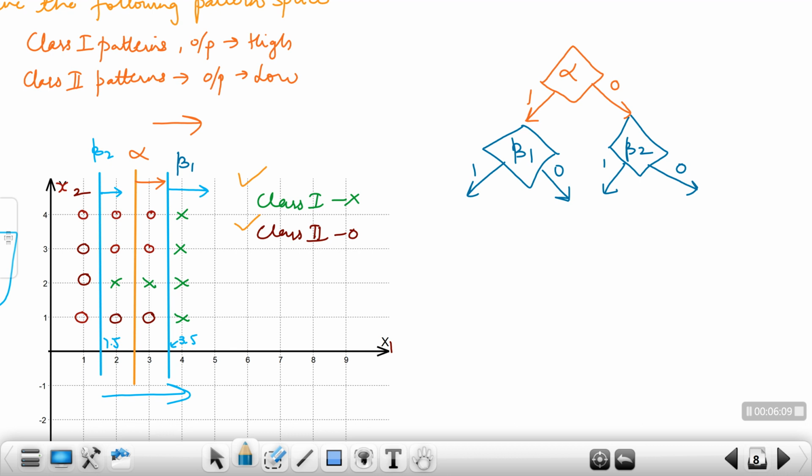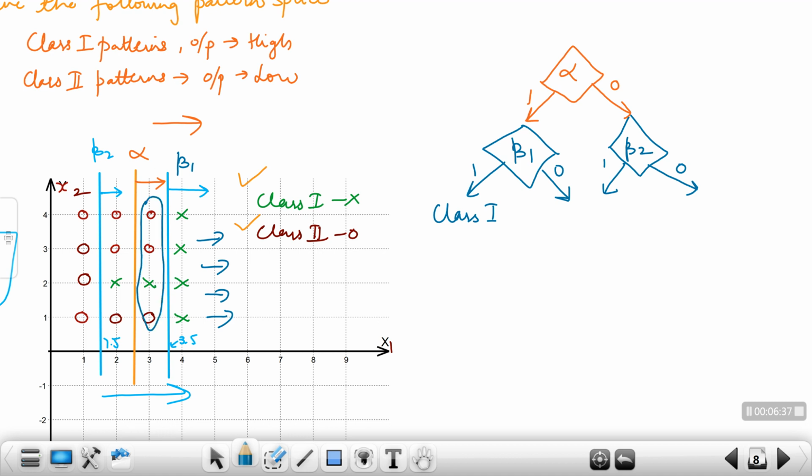Now if you see towards beta 1, whatever is on the positive side of beta 1, everything is completely classified. So on this side, everything is completely classified and the patterns belong to class 1. But what happens on the other side? It is misclassified.